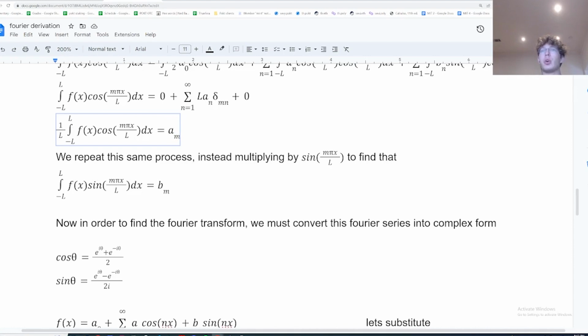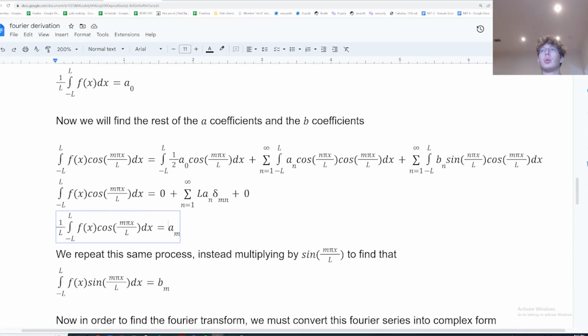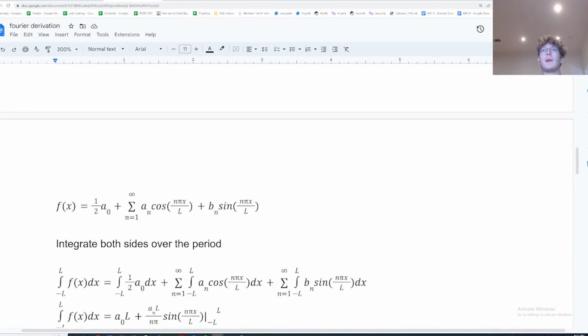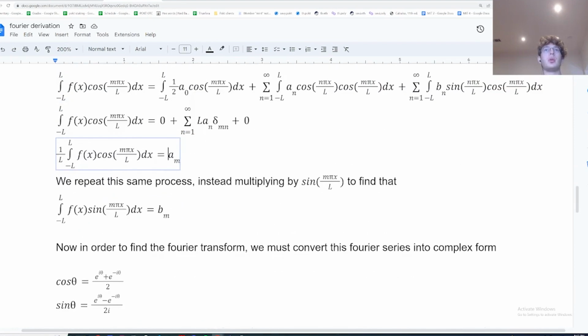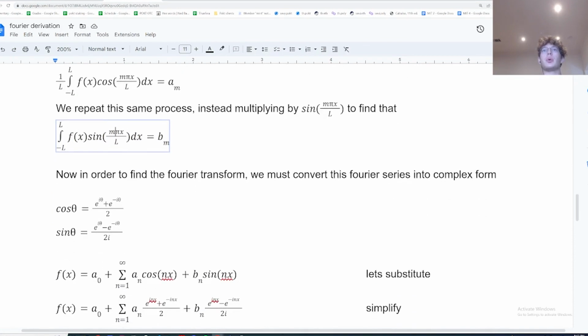And that is pretty much all there is to the Fourier series. It's relatively straightforward and ultimately ends up being pretty simple, but the reasoning why this works is not as clear, which we'll get into in a bit. But before we do that, we're going to derive the Fourier transform.